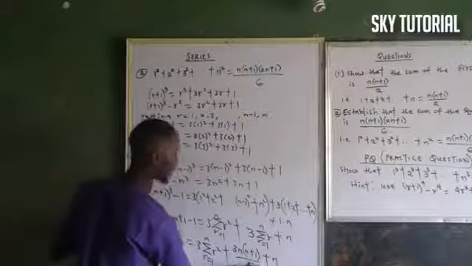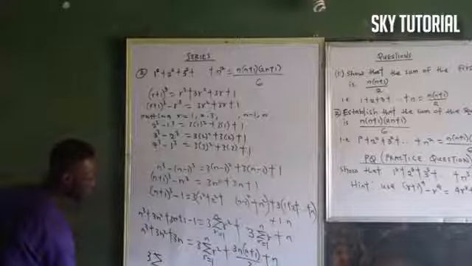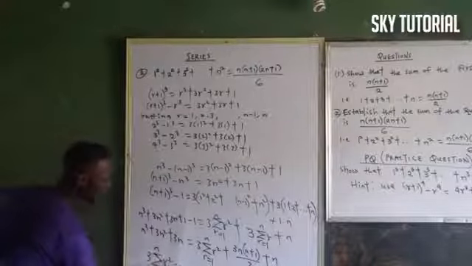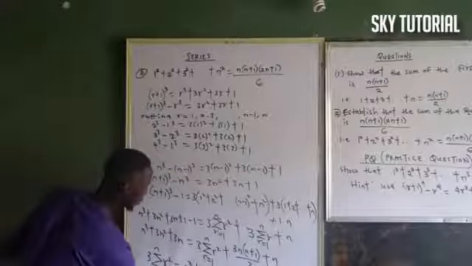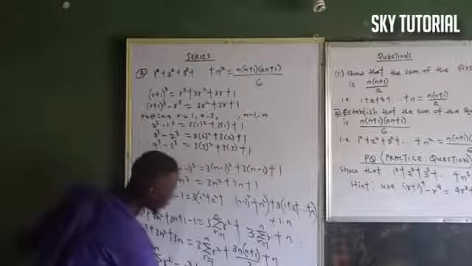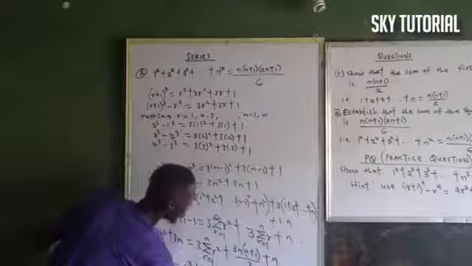So when we transfer these two to this side, we have 3 summation r = 1 to n of r^2 equal n^3 + 3n^2 + 3n, this one to this side minus n, and this one minus 3n(n+1)/2.